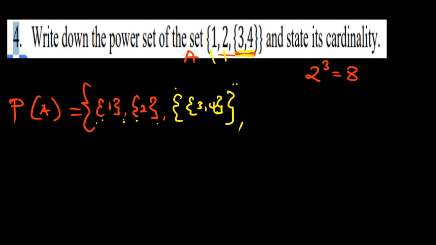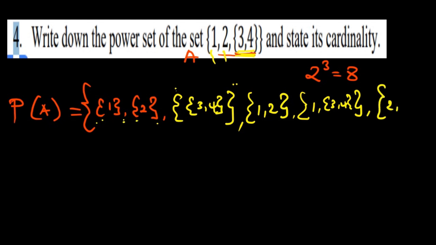Okay, and then the next one, we can combine 1 and 2, so it will be {1, 2}. We can also combine 1 and this set here, so we can say {1, {3, 4}}. Okay, and then we can combine 2 with that same set, so {2, {3, 4}}.